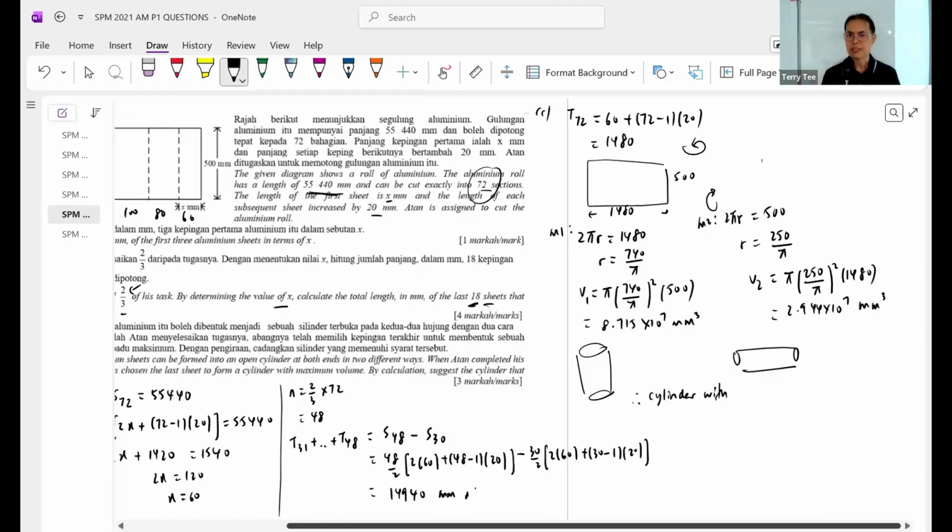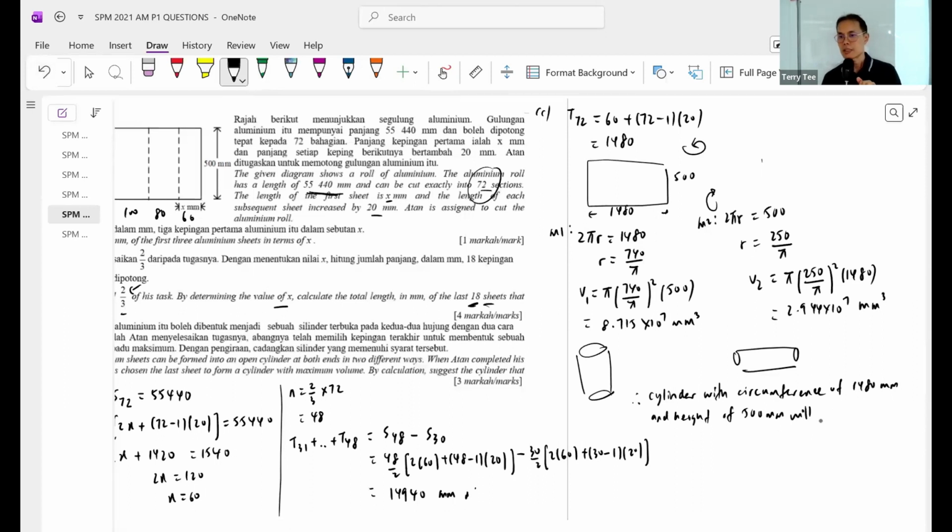I don't say radius because we don't need to calculate the radius. With circumference of 1480 mm and height of 500 mm will give the maximum volume.